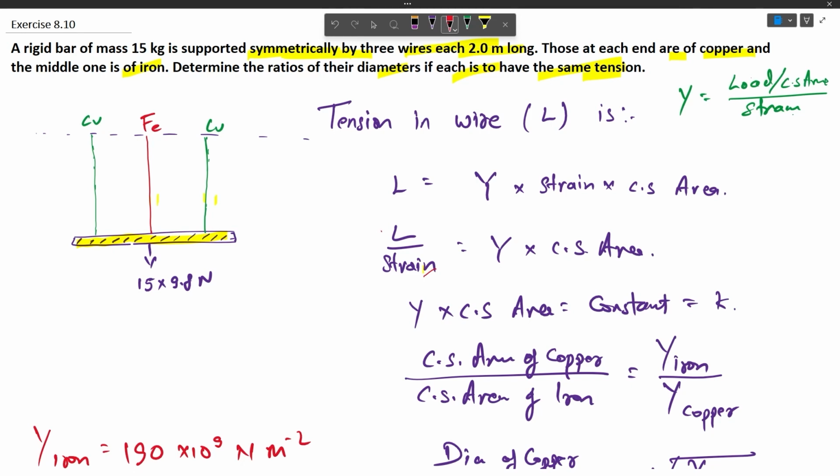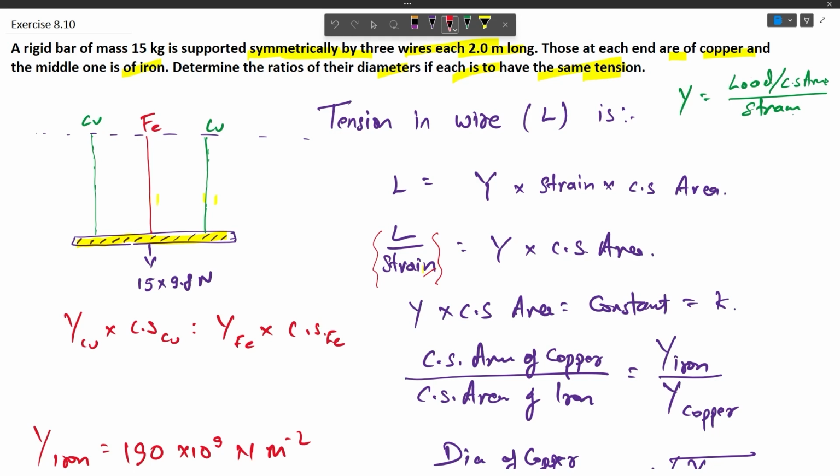So this quantity is going to be constant irrespective of material. In a nutshell, Young's modulus of copper multiplied with cross-sectional area of copper will be equal to Young's modulus of iron multiplied with cross-sectional area of iron.